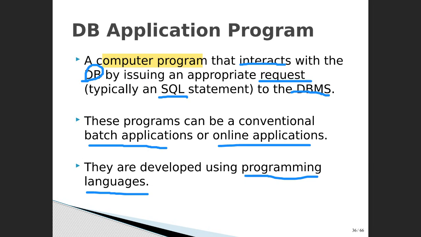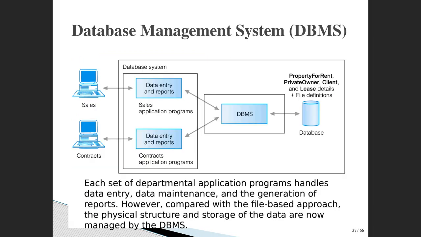What we can see now, you are using a fourth generation language like SQL. So an SQL statement is an example that you can use in order to get access to the database or interact with the database through the database management system.